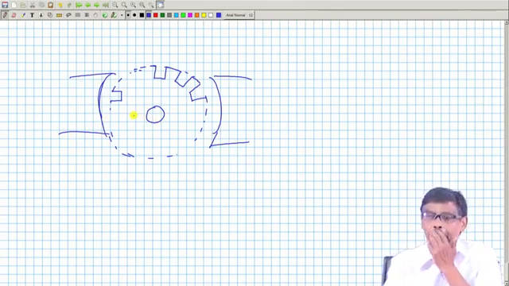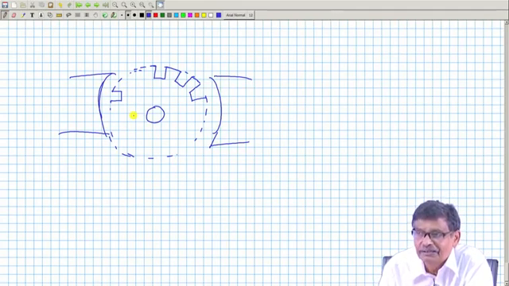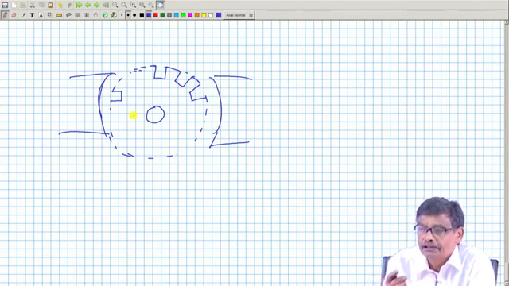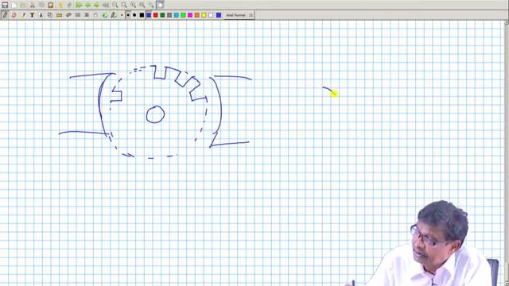Therefore, eddy current loss will take place, but this time it will be less. Why? Just like a transformer, you have reduced the path of the eddy current. So it will look like a plate here.